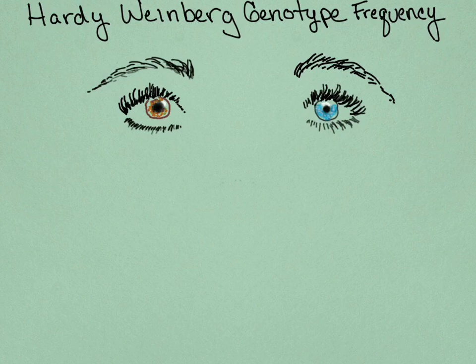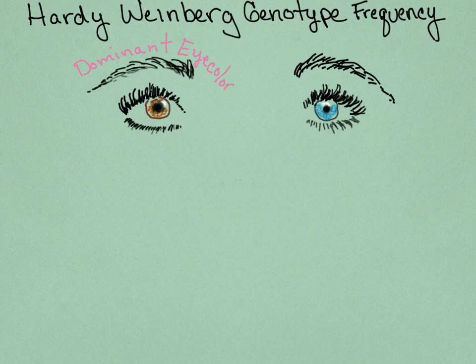So, in our population of human beings, we have 2 alleles that will represent brown eyes. We have specific genotypes that will give you brown eyes or blue eyes, right?